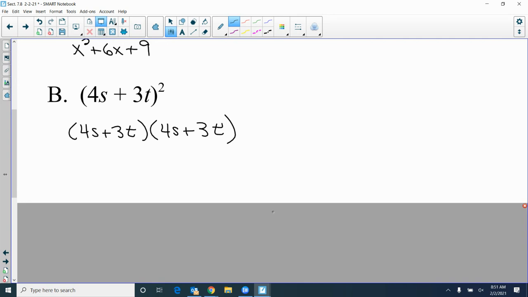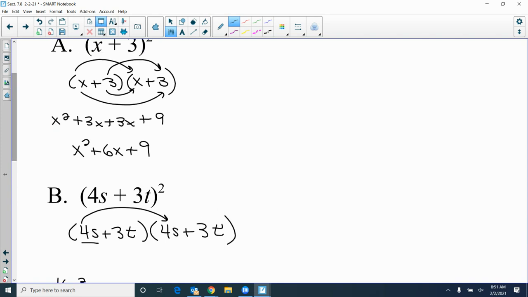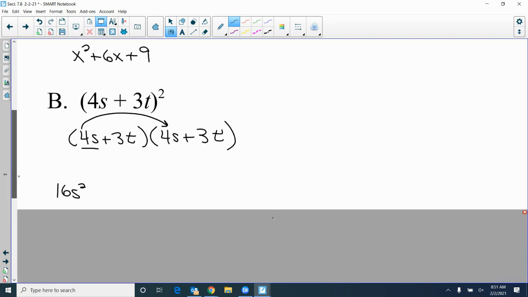What do we get for that one, Zane? 4s times 4s. What do you think that is? 16s squared. Preston, I think on your homework, the first term you just left as an x, and that made them all wrong. So it's always an x squared.